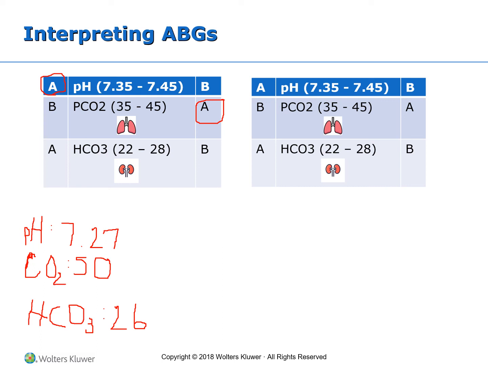And your HCO3 is 26, which is right there. I made it really easy for you. So you're going to look at, first of all, what is aligned with your pH? Is it your CO2 or is it your HCO3? So your pH is A for acidic and your CO2 is A for acidic.